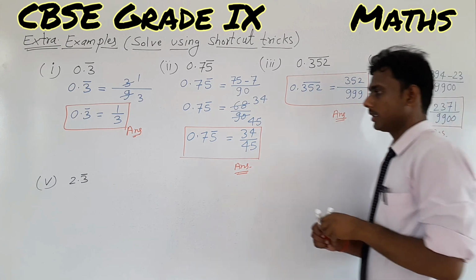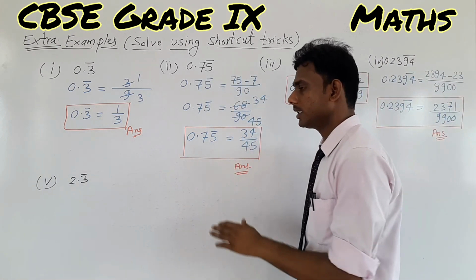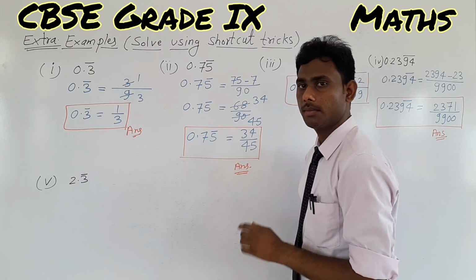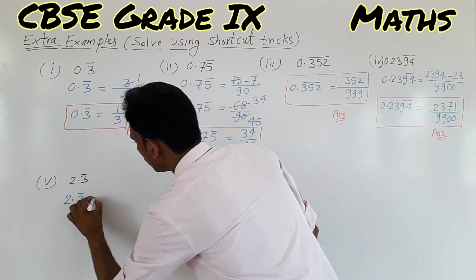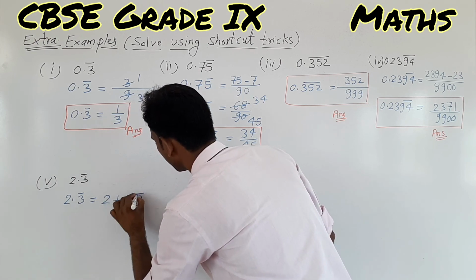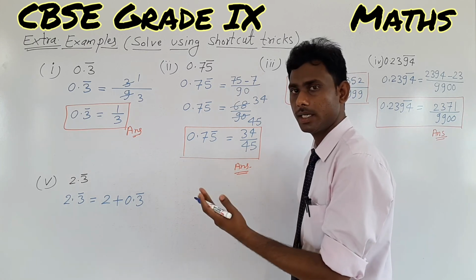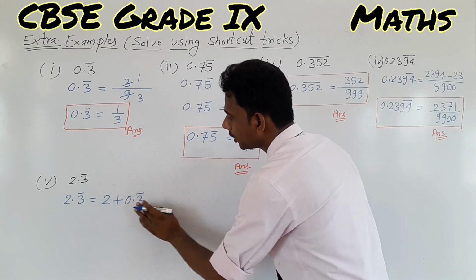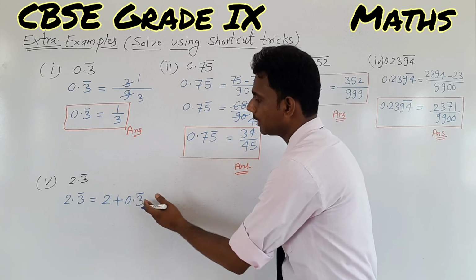Last part, fifth part is 2.3 bar. Means this is a different type of question. Here before the decimal there is a number, then you write 2.3 bar will be equal to 2 plus 0.3 bar. If such type of number you get, then first you separate this number. 2.3 bar you can write 2 plus 0.3 bar, and we know the fraction of 0.3 bar.